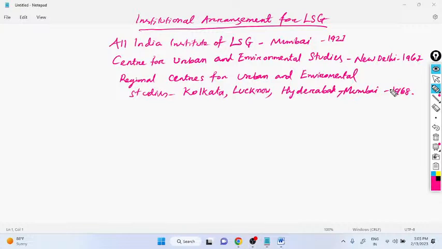Then National Institute of Urban Affairs, NIUA, 1976, that is located in New Delhi, and Human Settlement Management Institute.